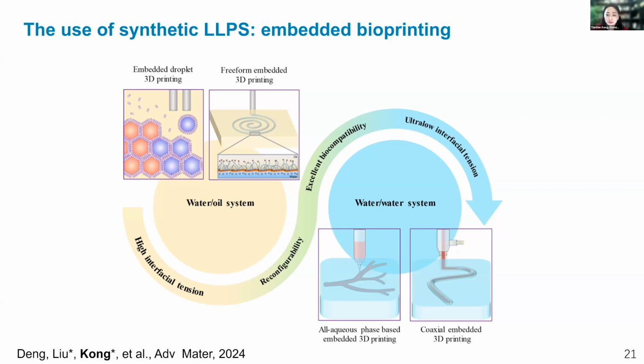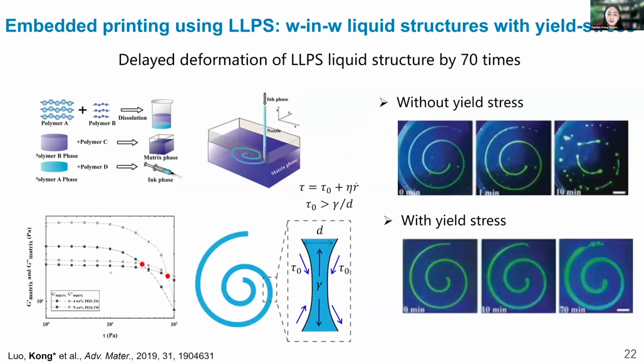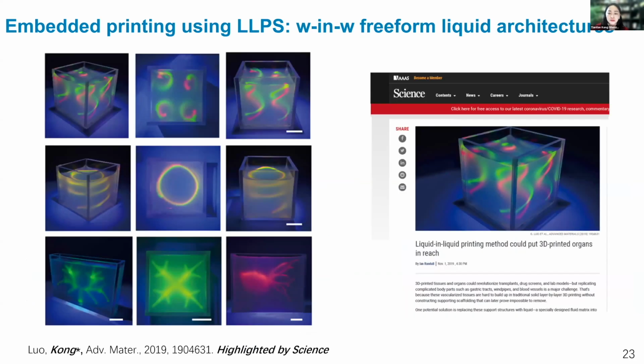So then we also introduce yield stress characteristics to the matrix phase, and this method is very effective, both at maintaining complex geometry and ensuring cell viability, because of the low surface tension, it allows you to use low viscosity inks.